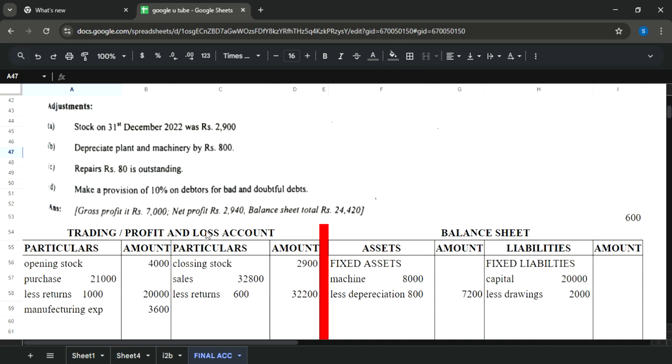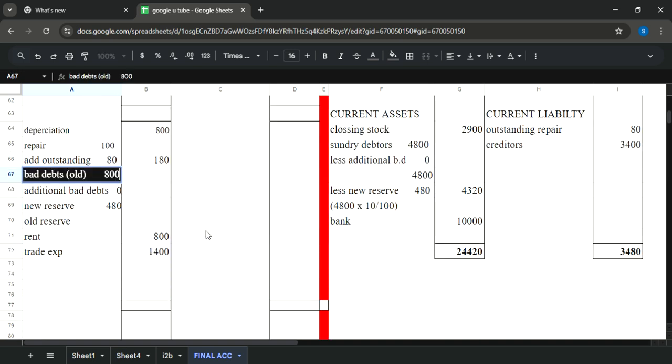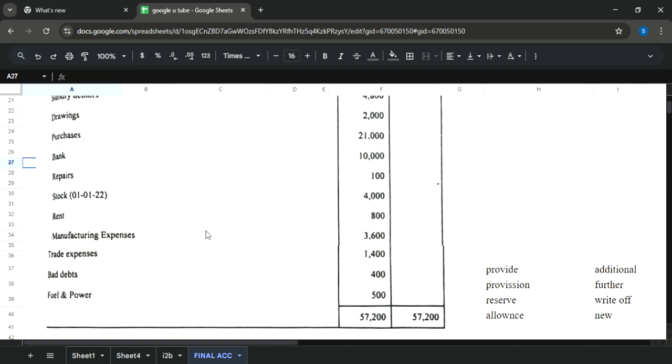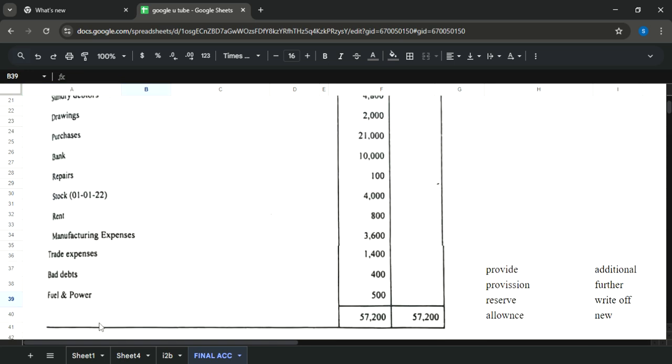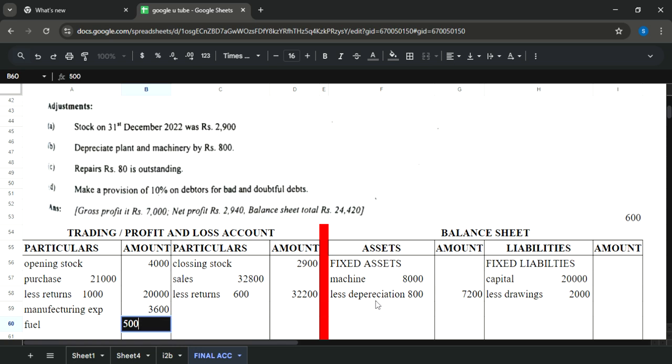No, 400 was the amount. Let's make it 400. So bad debts are written. After which we have fuel. For that you will choose the indirect expense side, fuel, the amount of which is 500, write down over here.